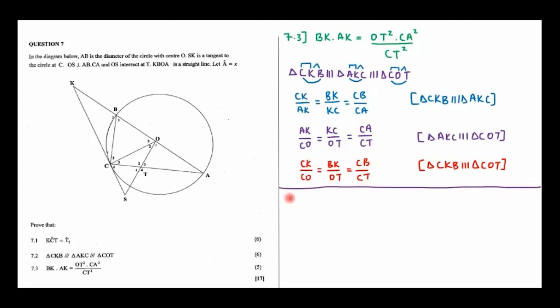The first thing I'm looking for is BK multiplied by AK, and I want to see what this is equal to. To do that, I'm going to go to my ratios and see where I see BK and AK. I can see a BK there, AK there, BK there, and AK there. Then I need to pick the one that has BK and AK in the same equation.